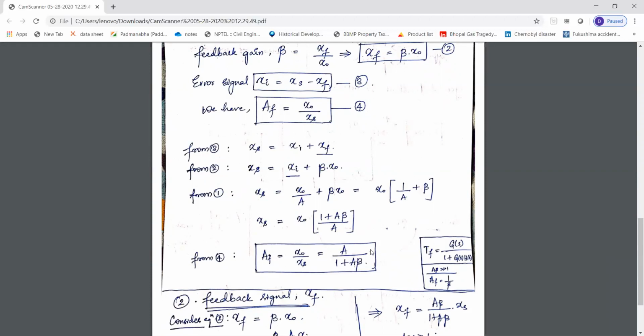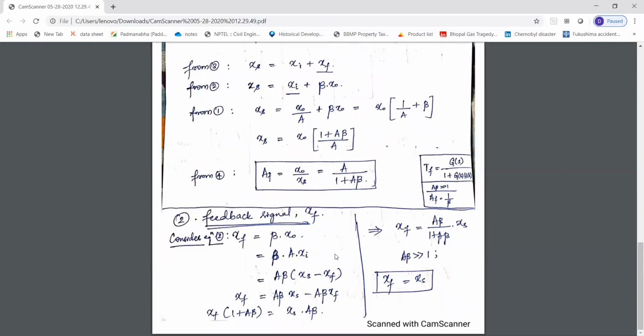All right. When compared to the open loop gain, the closed loop gain AF is more dependent on the feedback gain, that is beta. So this is the equation for closed loop voltage gain AF.